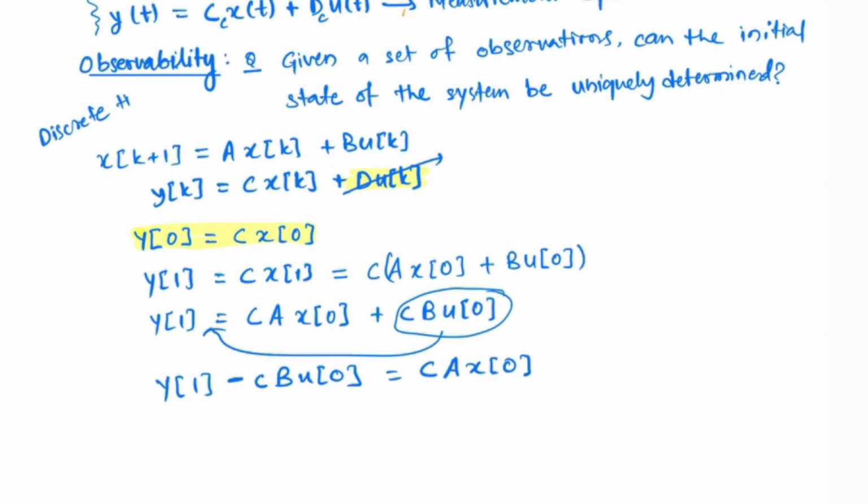And here, this entire term, you write it as y tilde 1 is equal to C into A into x naught.